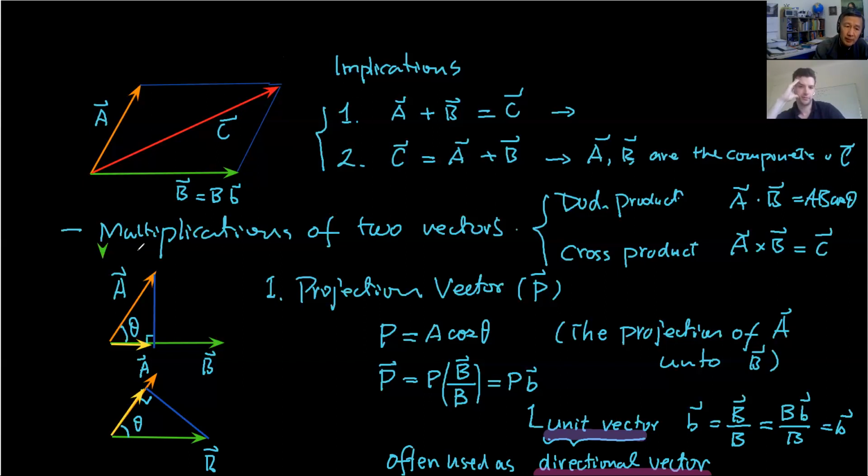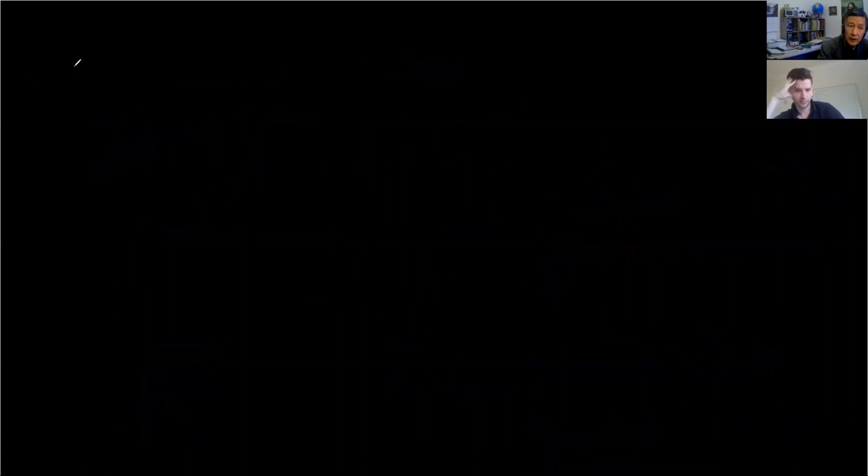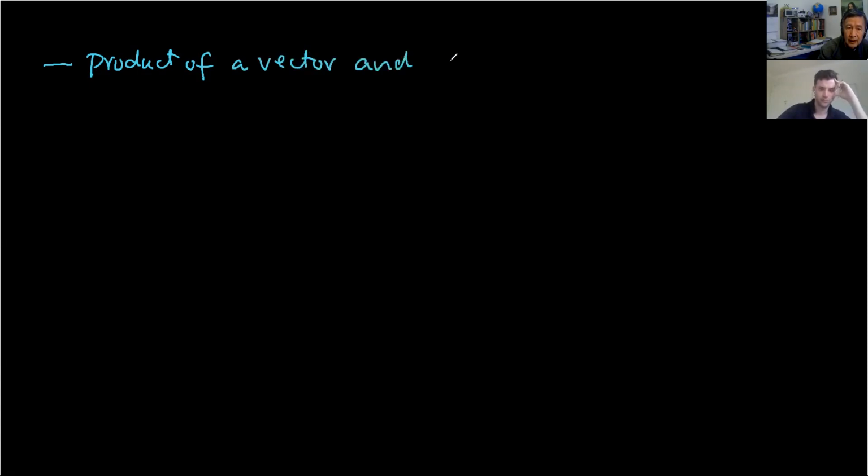When we talk about the multiplication of two vectors, we first have to discuss the product of a vector and a scalar.